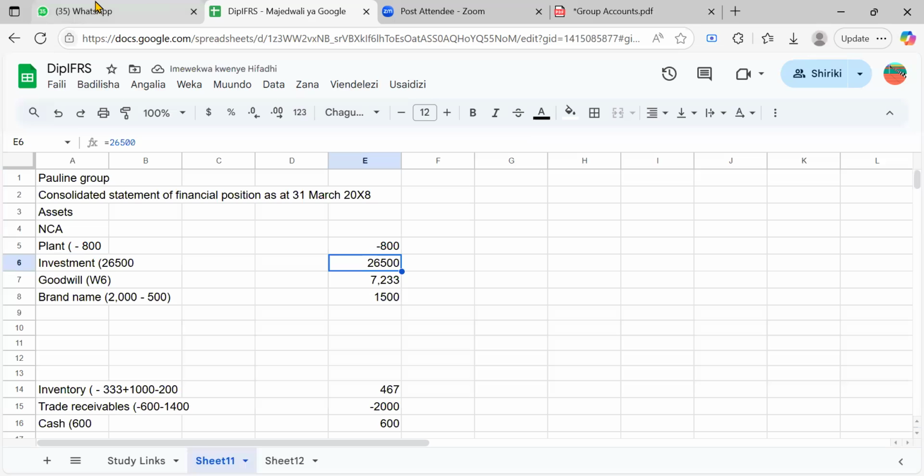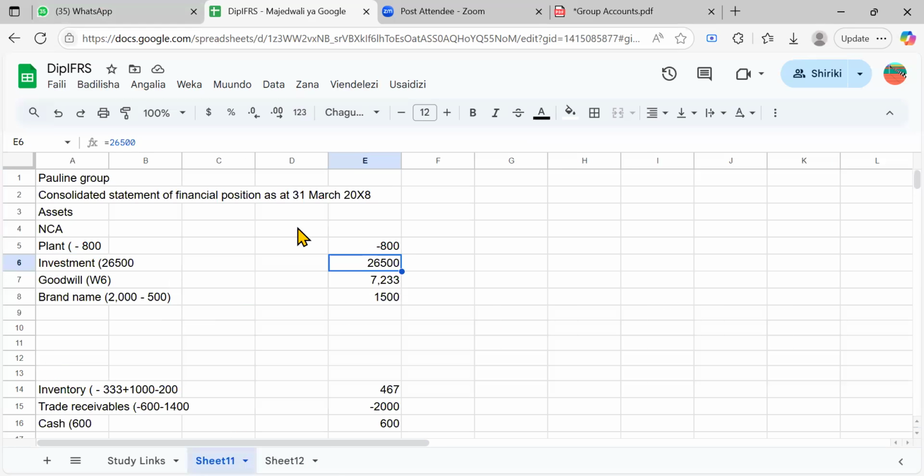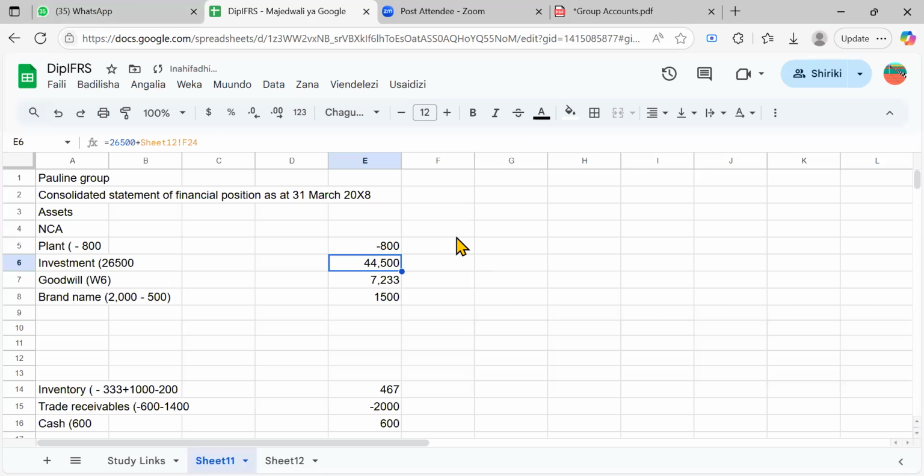But now let's face the reality. First of all, we have debited the investment cost, which previously wasn't there. So we have increased it by how much? 18,000. I'm adding 18,000.